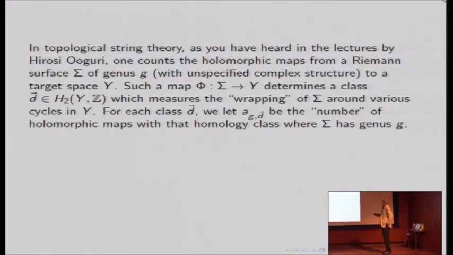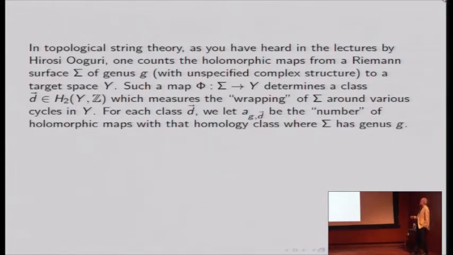So if you are given a map to Y, it has winding numbers. It will, in general, map around 2-dimensional cycles in Y. If the second Betti number of Y is 1, the winding number is just an integer. But in general, the second Betti number is bigger. And to describe the map topologically, you have a whole collection of winding numbers that make up a vector of winding numbers that I'll call D, an element of H2 of Y with integer coefficients.